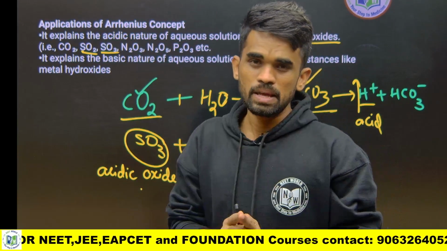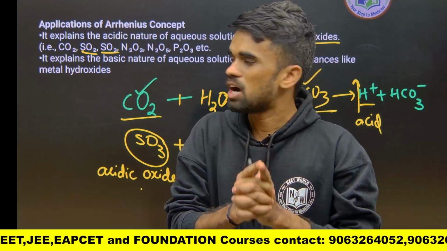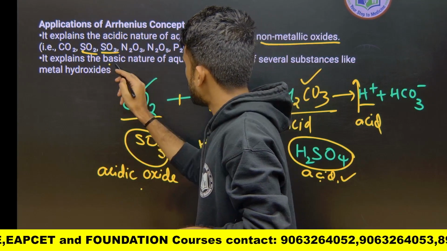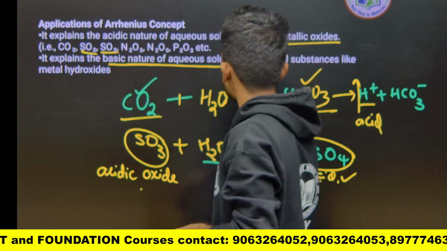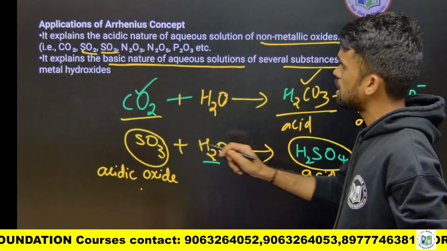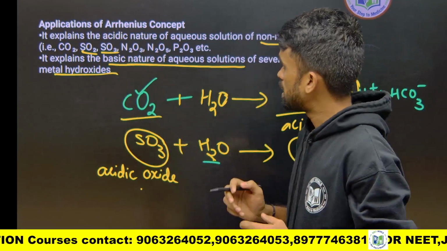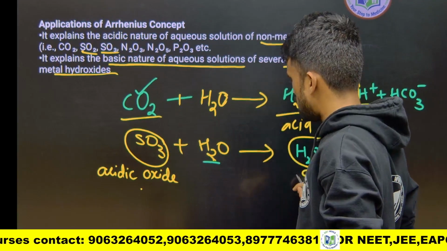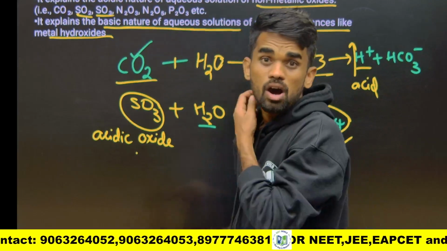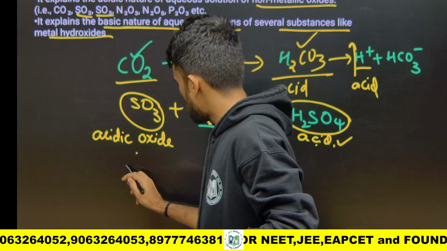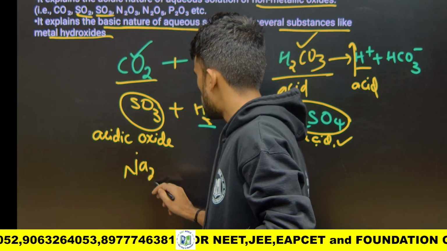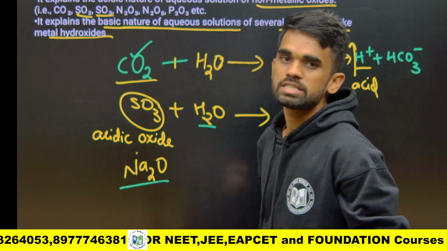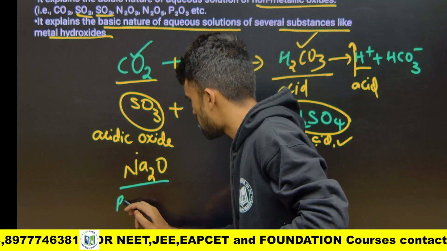Hope it is clear. Now basic oxides, similarly, explain the basic nature of aqueous solutions of several substances like metal hydrides, metal hydroxides. See, not only metal hydroxides, metal oxides also. For example, I am taking Na2O. Okay, so I am saying this is a basic oxide. Why am I saying this is a basic oxide?